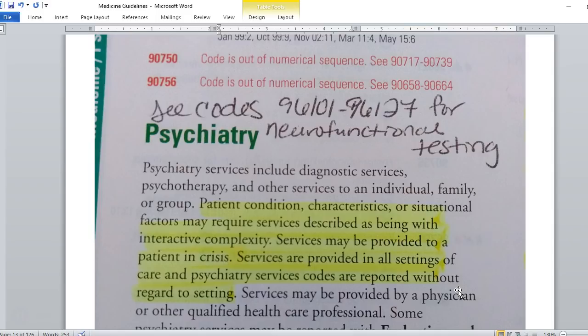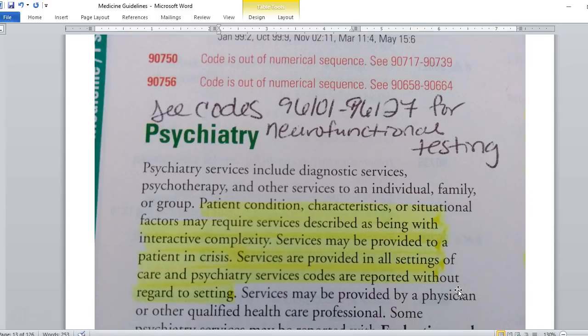So for instance, if you want to work for the FBI or the CIA, or you're in a high government position, whether it's at state or federal level, you usually have to go through these neurofunctional testings to make sure that you're stable. A lot of Fortune 500 companies do this for their top CEOs. They want to make sure that you're going to be loyal to the company, that you know when you can't give out information.